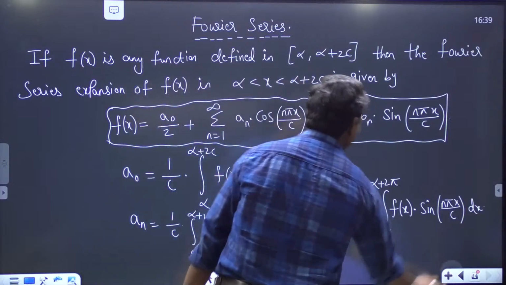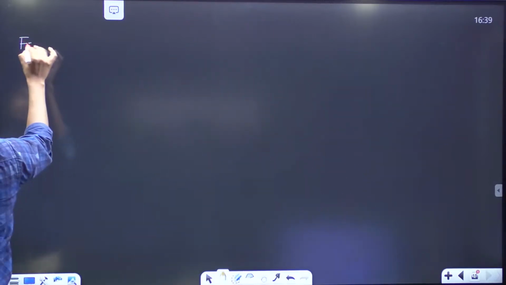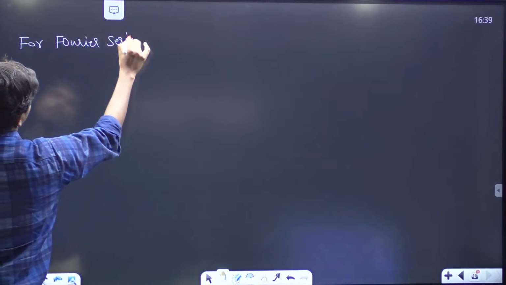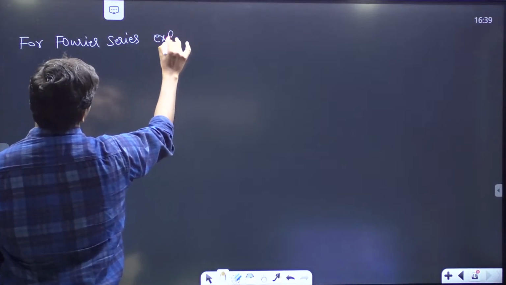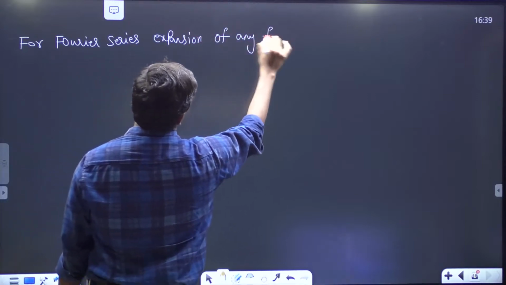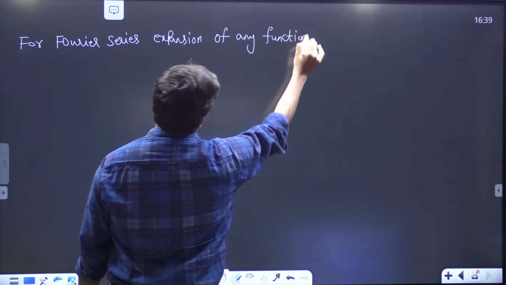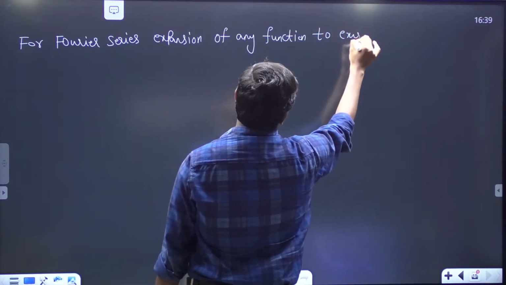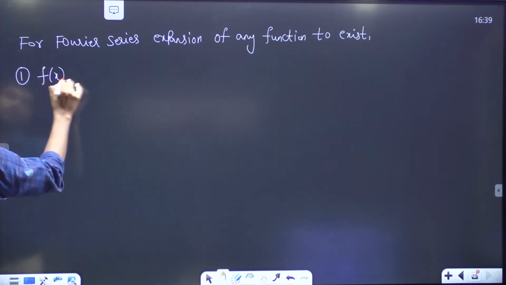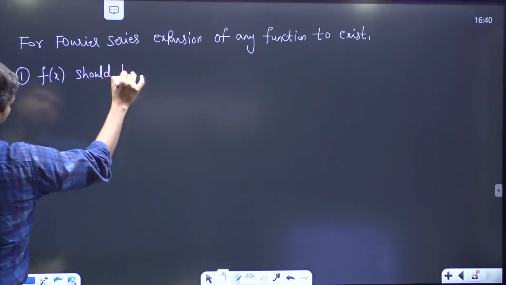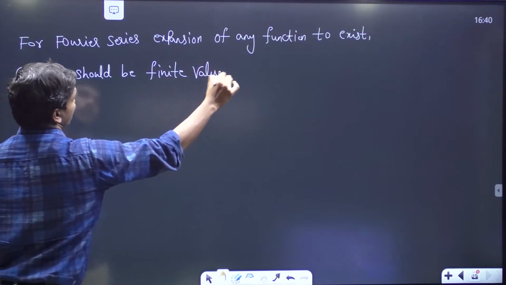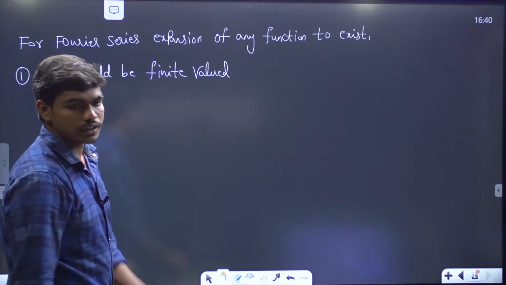For the Fourier series expansion of any function to exist, first condition, f of x should be finite valued, and it should be periodic.